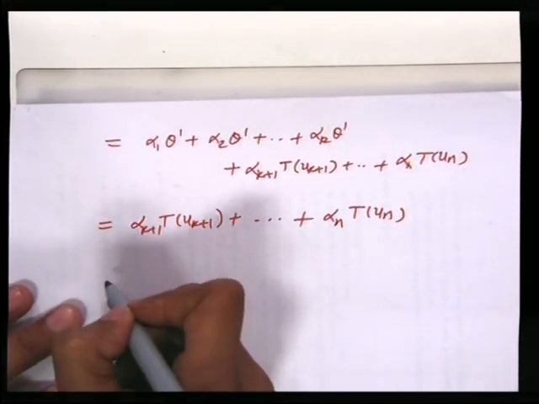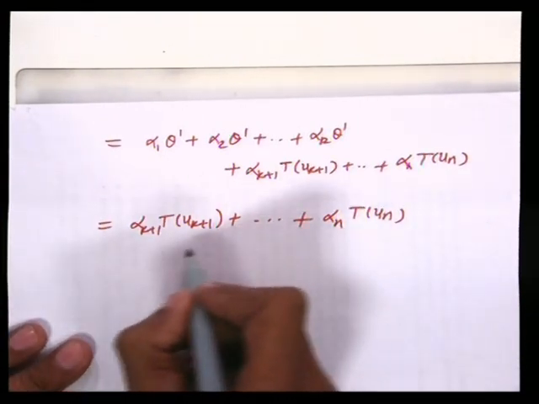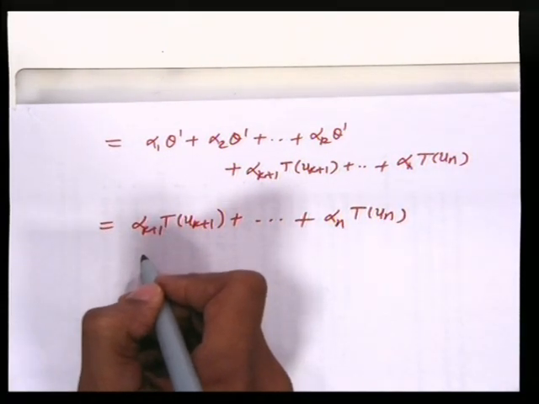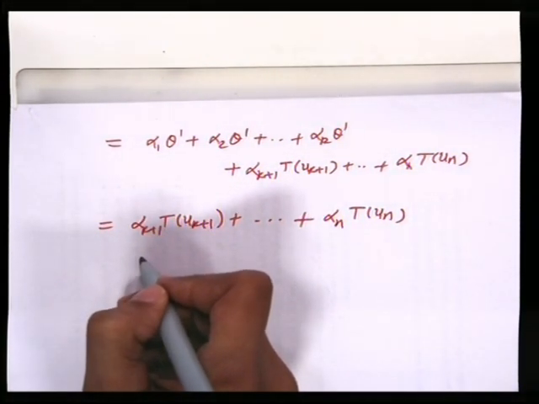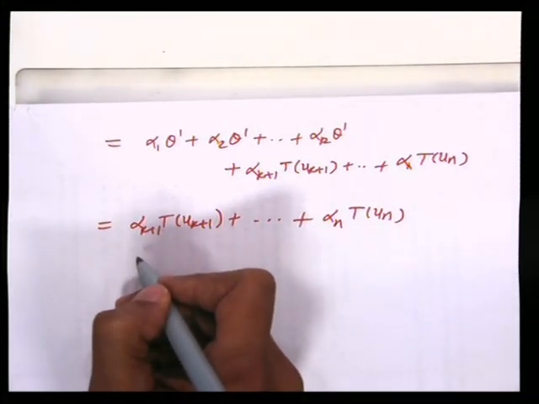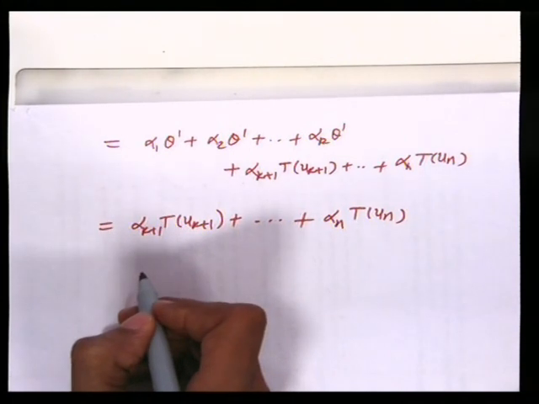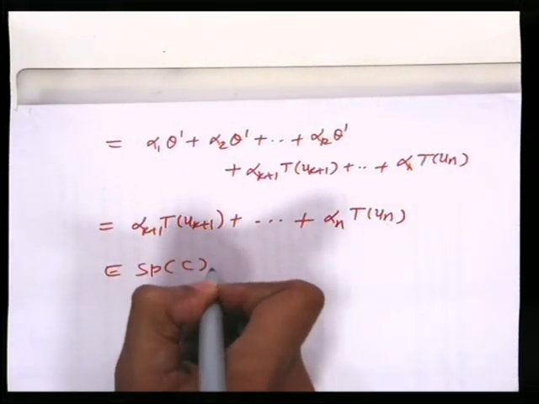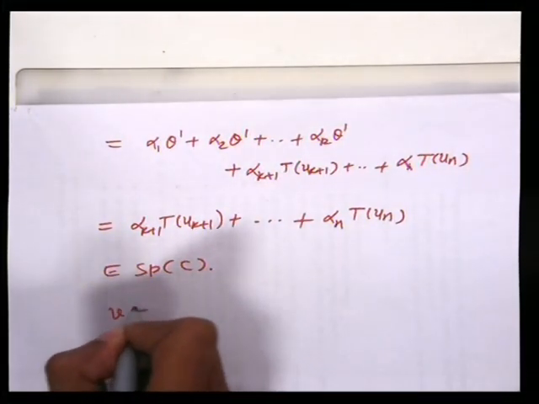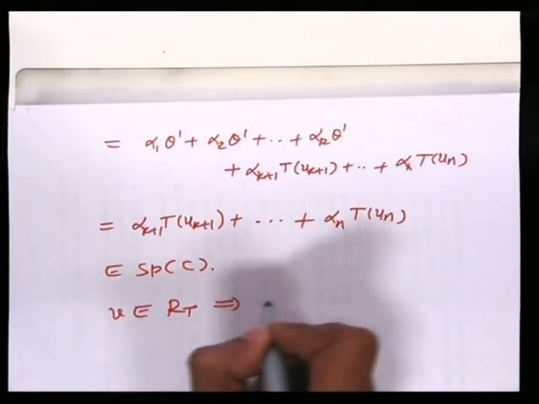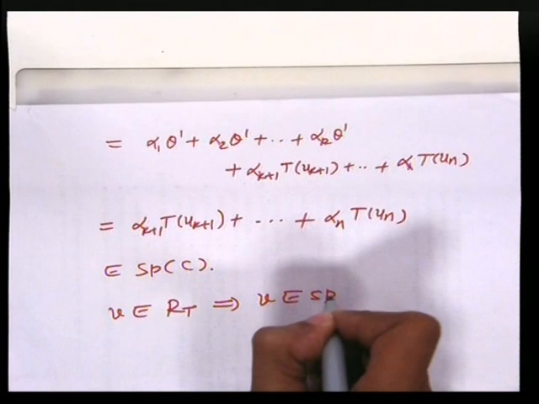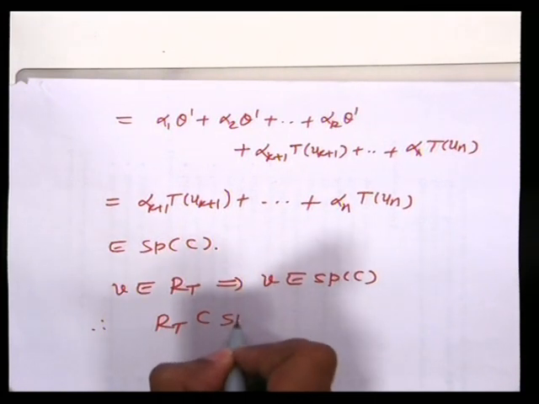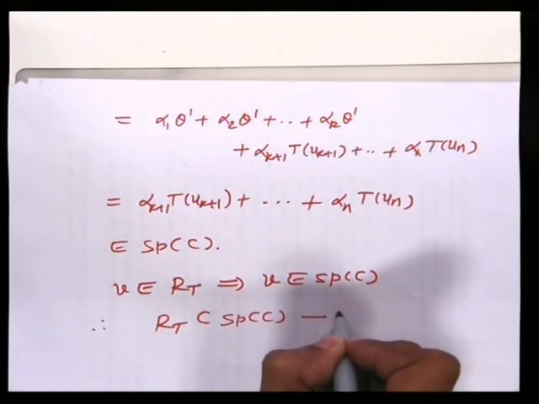Obviously this is a linear combination of vectors T of uk plus 1, T of uk plus 2 up to T of un, and they are all vectors of the set C. So we can say that this belongs to span of C. So we have chosen V belongs to range T, and we have shown that this vector V belongs to span of C. So obviously RT is a subset of span of C by definition of the subset.